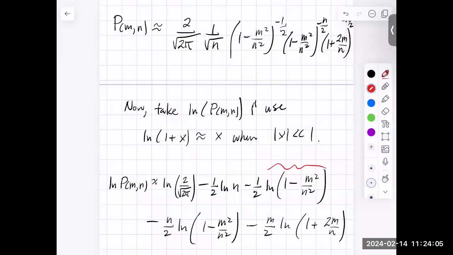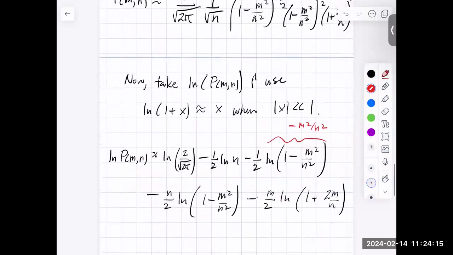When we use this ln approximation, everything in here is just going to be minus m squared over n squared. Over here is the exact same thing. In fact, I need to include the ln in there. This is minus m squared over n squared.